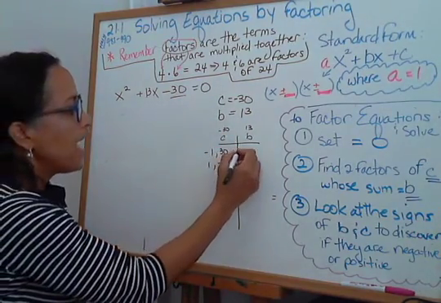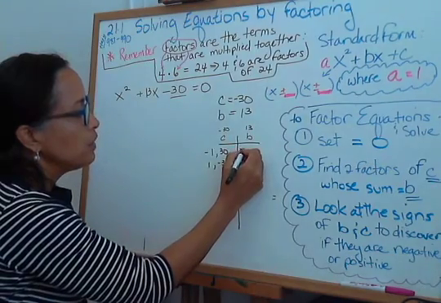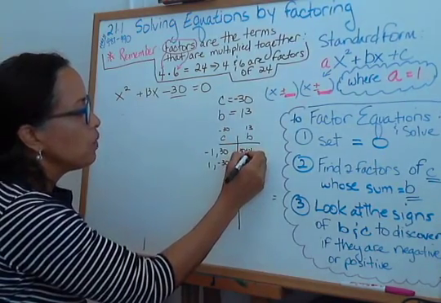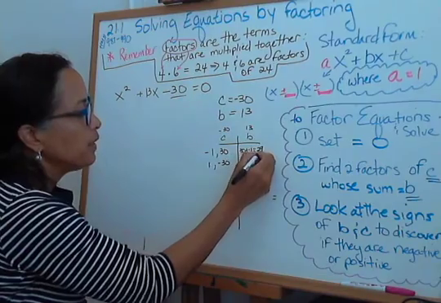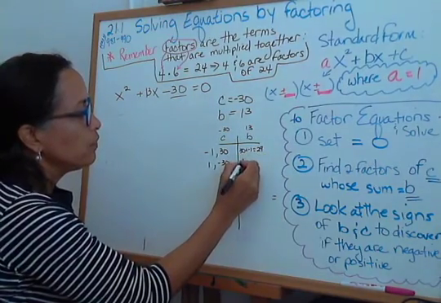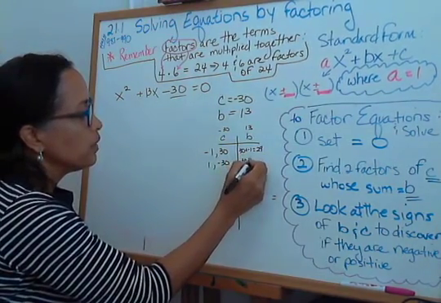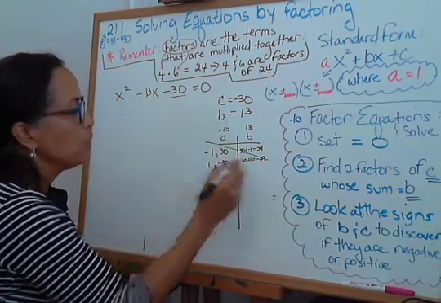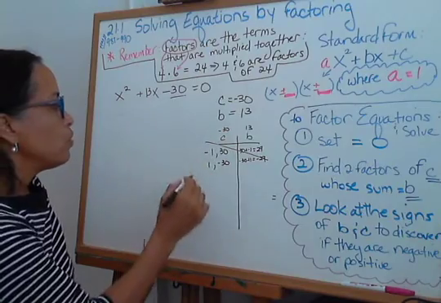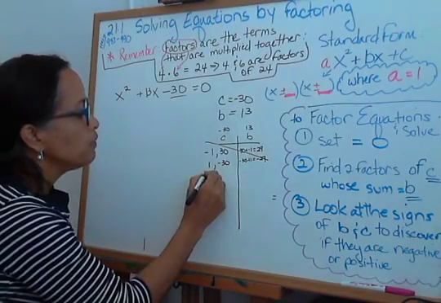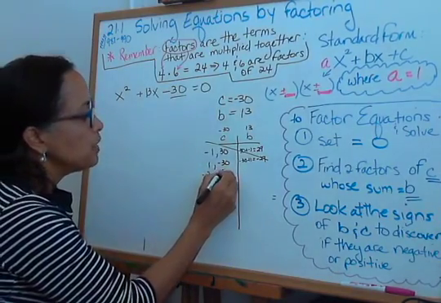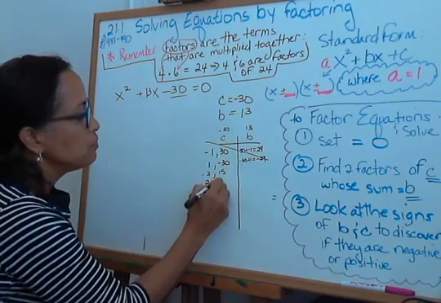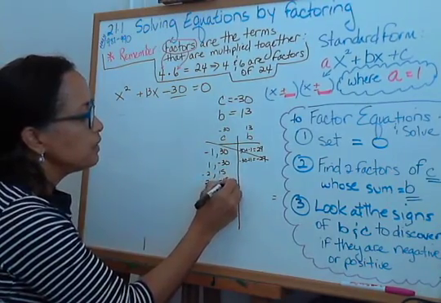So if I add those two together, 30 plus negative 1, I'm going to get 29. And if I have negative 30 plus 1, I'm going to get negative 29. So those don't work. We could now go to negative 2 and 15, positive 2 and negative 15.